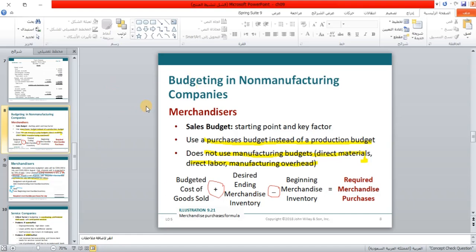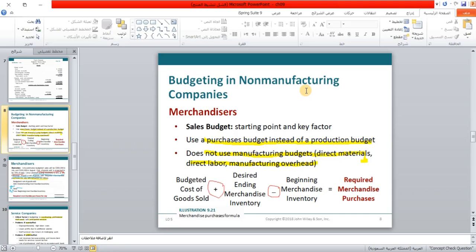Now we will discuss budgeting in non-manufacturing companies. In manufacturing companies, we have 10 budgets.